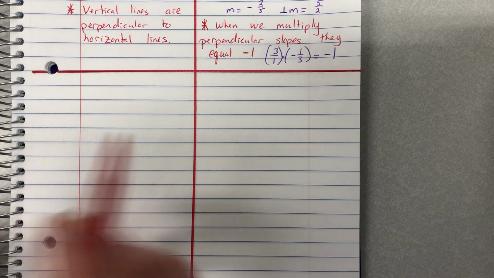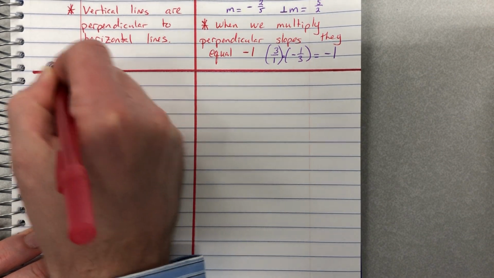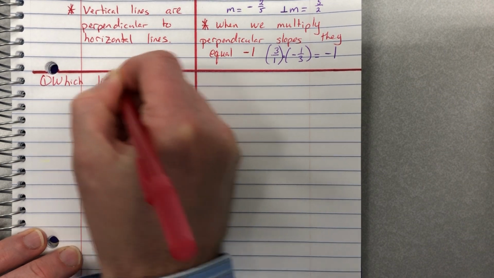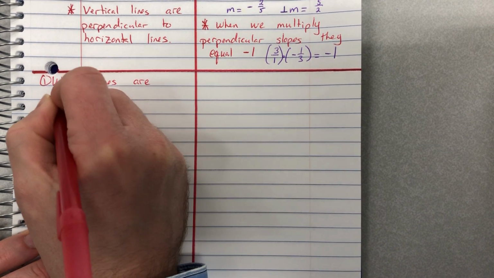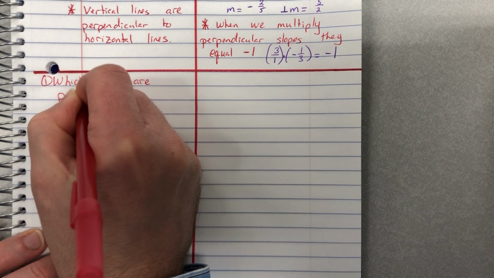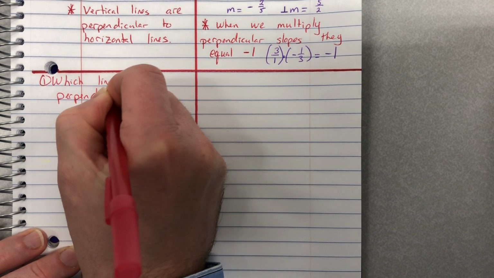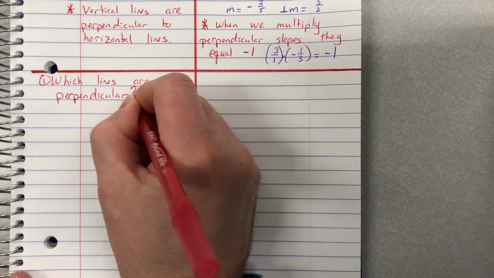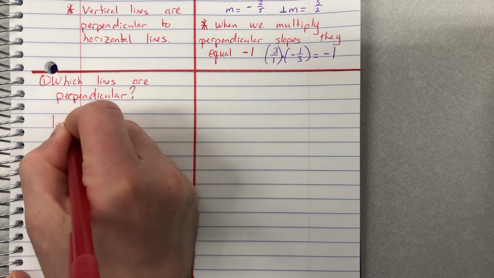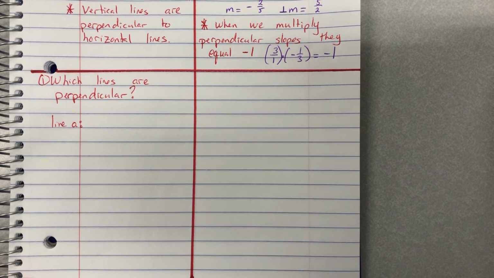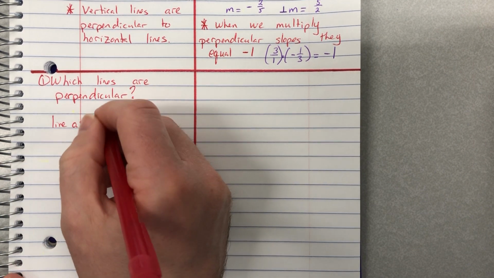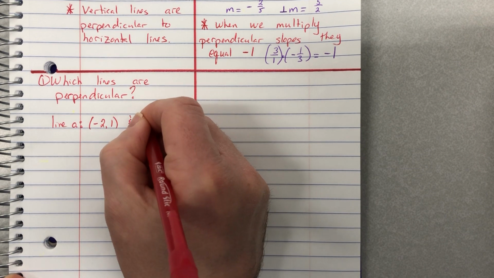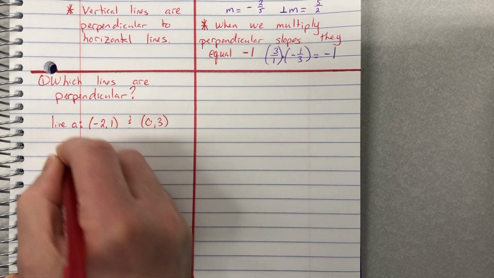Our first example, so example 1 here, which lines are perpendicular? Line A is going to be with the points -2, 1, and 0, 3.